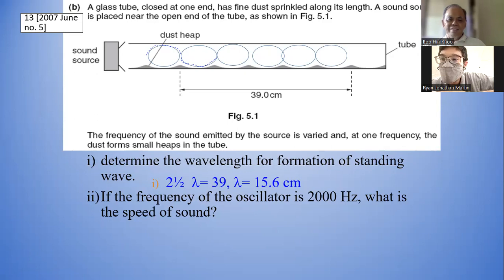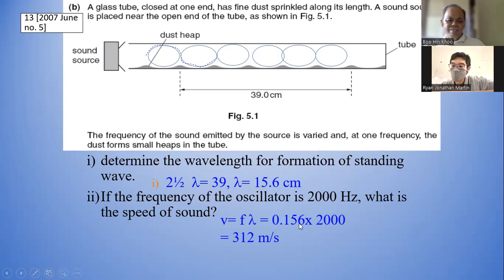Yeah, we calculated the wavelength already. Have the frequency, so have to calculate the speed. Frequency times wavelength. That's the wavelength, change it to meters. That's the frequency, 312 meters per second.